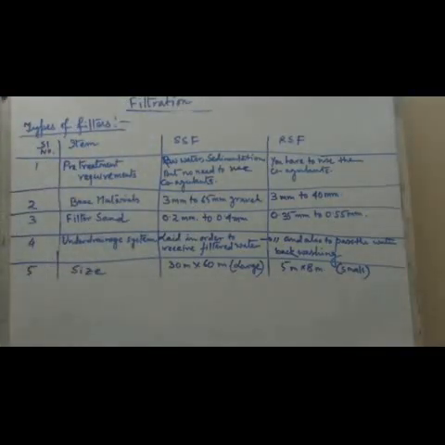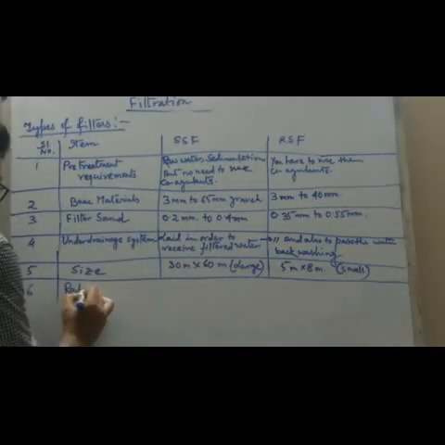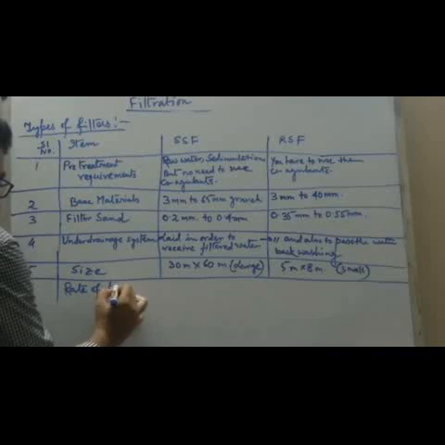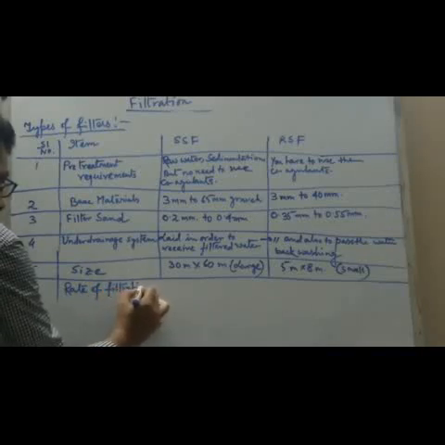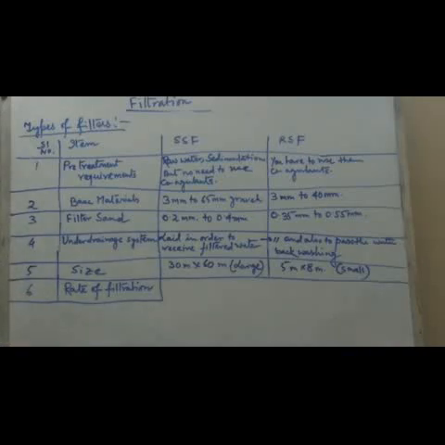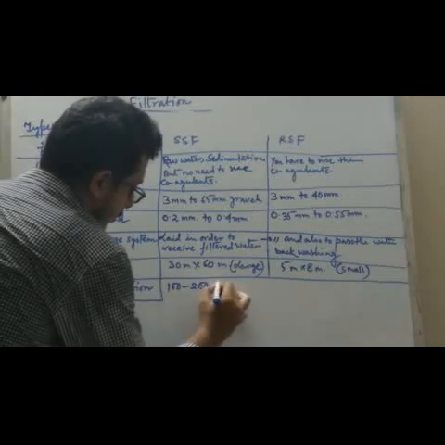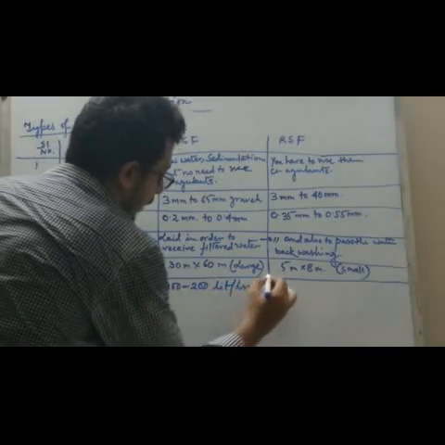The next thing is rate of filtration. For slow sand filter, it is 100 to 200 liter per hour.